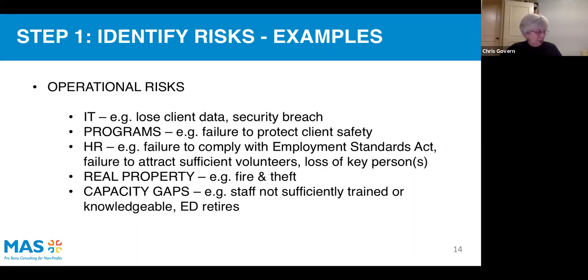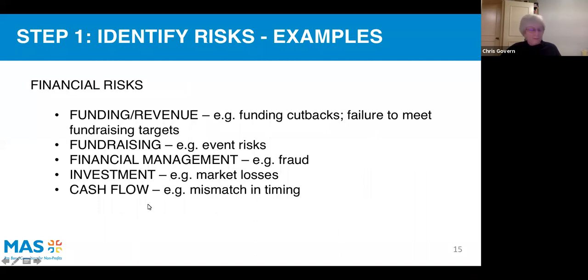Capacity risks for me are, the staff isn't sufficiently trained to do what they're doing, or you have an ED that retires, and you haven't got the skill sets that you need for the organization. So paying close attention to capacity gaps in the organization is another bucket that would be useful to think about.